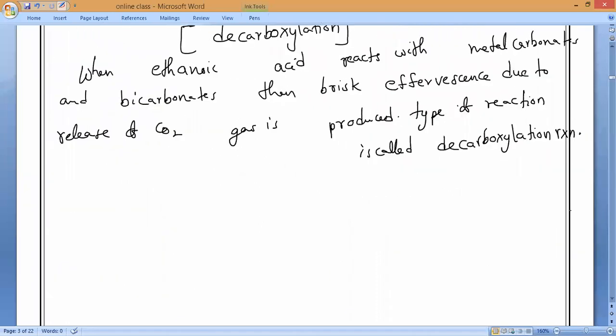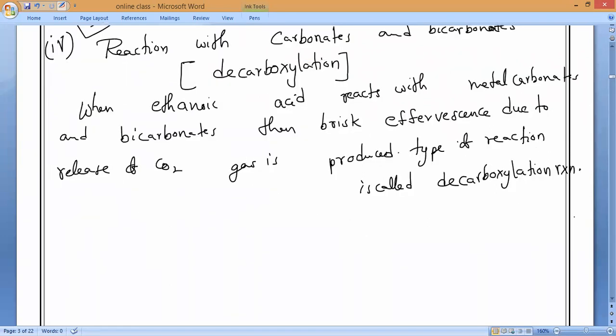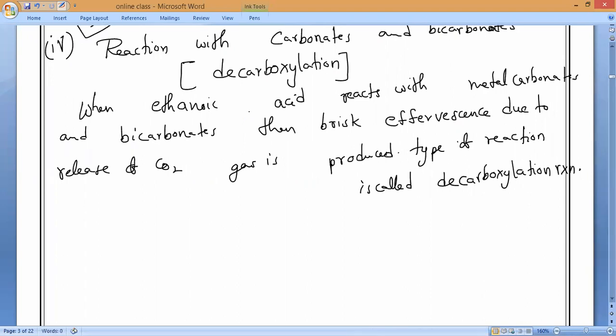So this equation is most important, for your board exam and also your textbook. Remember, the same metal carbonate or bicarbonate reacting with ethanol, no reaction will take place. But ethanoic acid will react and form salt plus water plus carbon dioxide.